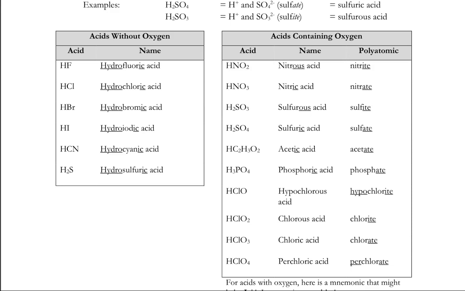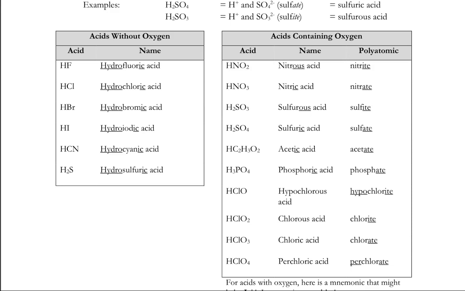We have the root name of the element other than hydrogen, followed by ic acid. So HF, hydrofluoric acid. HCl, hydrochloric acid. H2S, hydrosulfuric acid, where we actually don't just give the root for sulfur, we give the whole name sulfur.